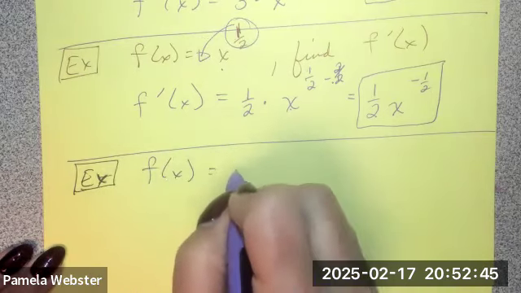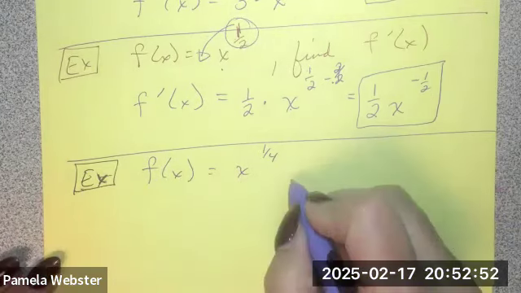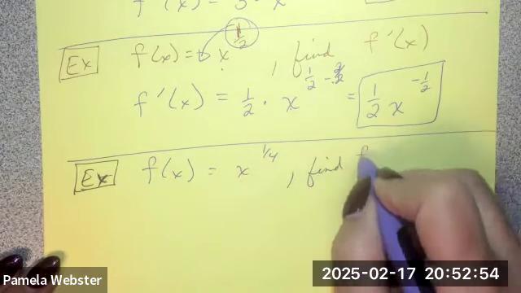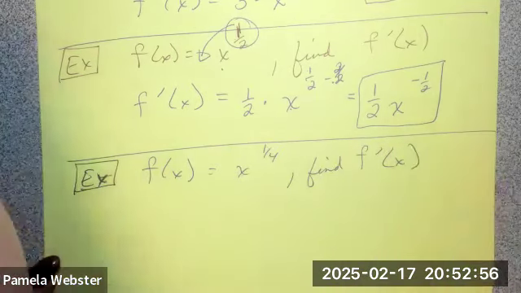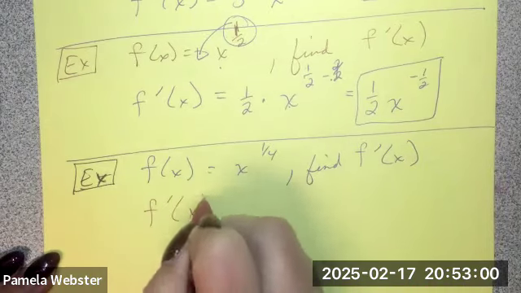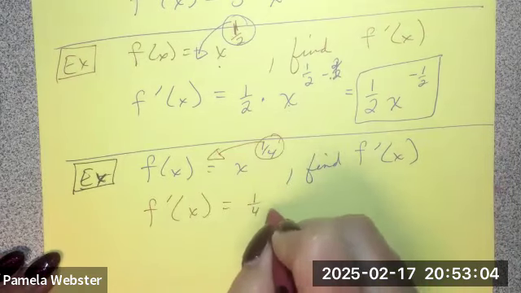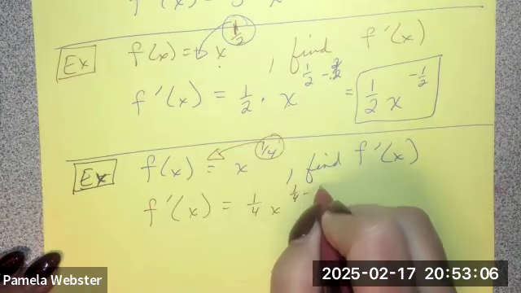f of x equals x to the 1/4. Find f prime of x. Okay, so in my head, I hear you saying, I hope you're doing it. Take the 1/4, write it out in front, 1/4 x to the 1/4 minus 1.